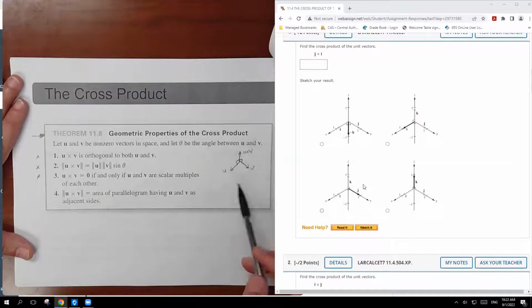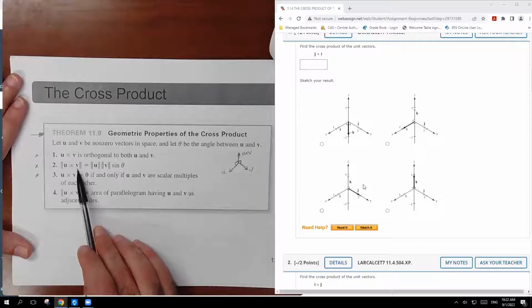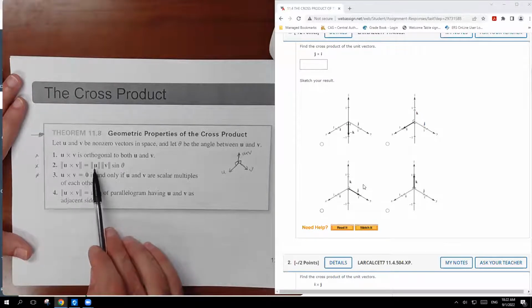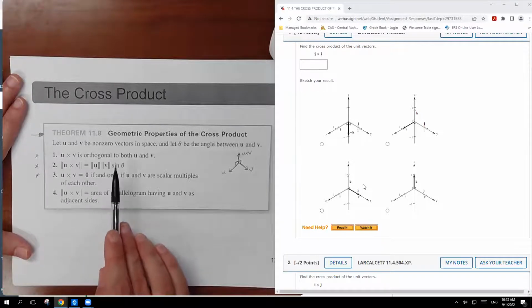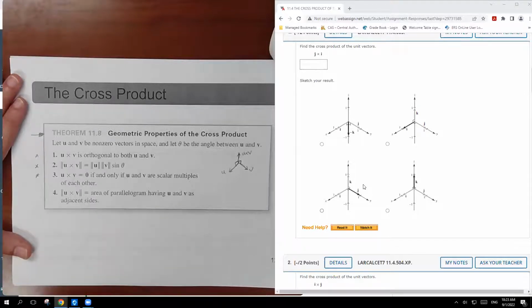We're going to use this one because this is a really important note. And if you remember, the length of the dot product I'm talking about is the length of U, the length of V, cosine theta. With the cross product, it's going to be sine theta.